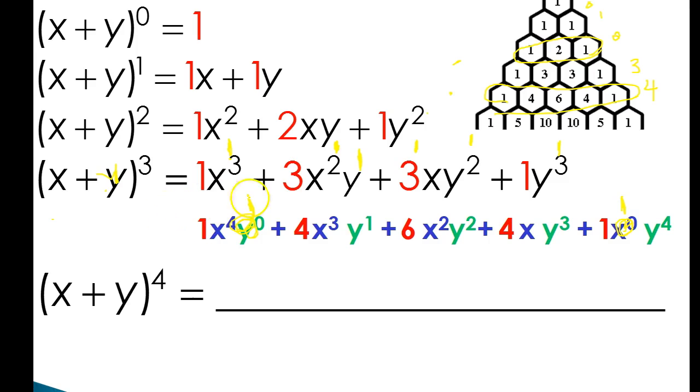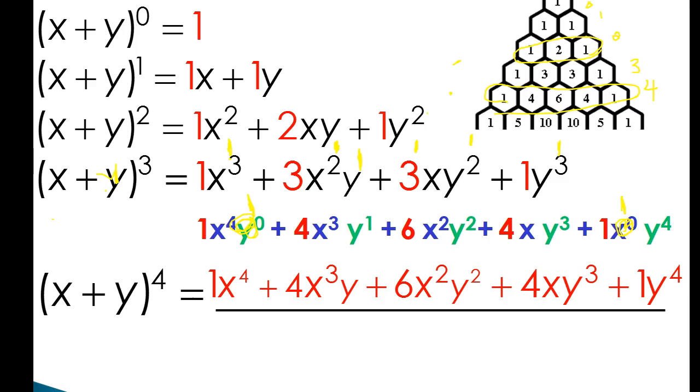You won't see a y in the first term, and you won't see an x in the last term. And when we clean that up, we end up with 1 x to the fourth plus 4 x to the third y plus 6 x squared y squared plus 4x y to the third plus 1 y to the fourth. And those ones are unnecessary, but I want you to see where the ones come from. They're the coefficients from the triangle.